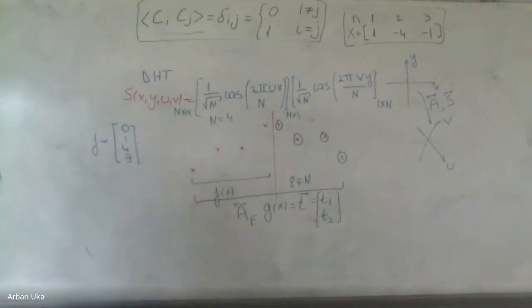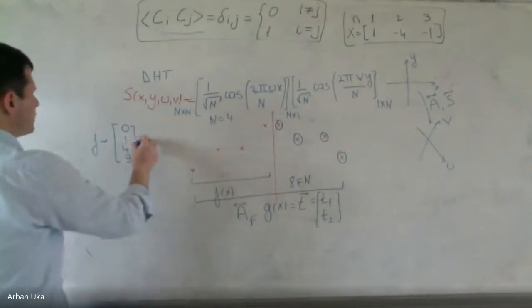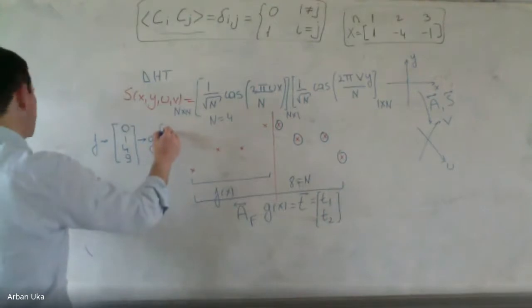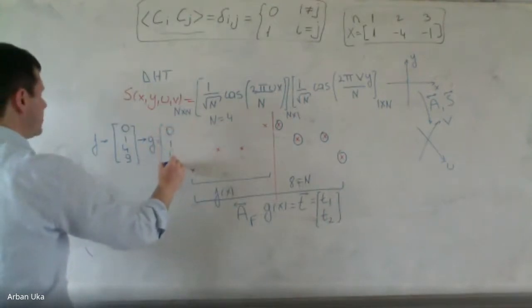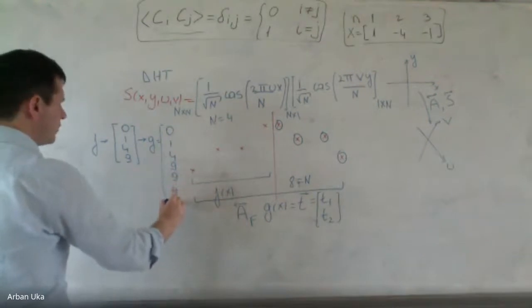Then, the first step when we have such a function is that we need to extend it. In order to extend it, we just take the mirror symmetry as we did here. So we get the function g, which is equal to 0, 1, 4, 9, and then 9, 4, 1, 0.